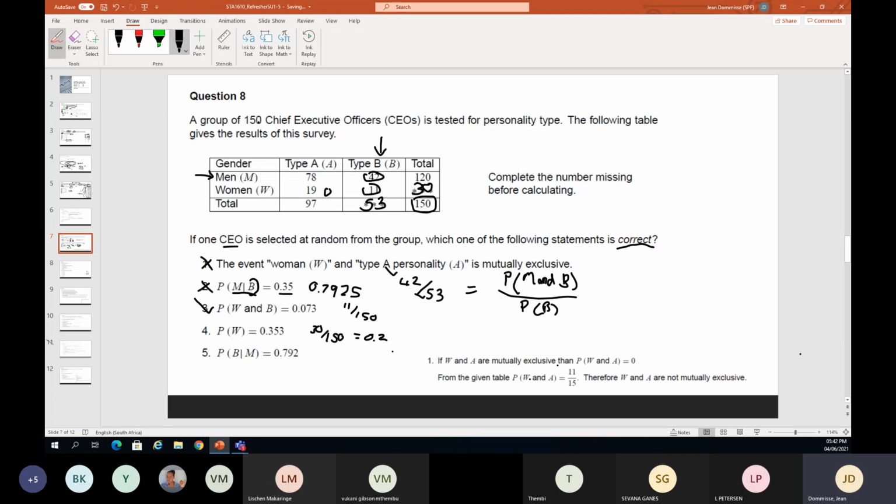Let me just check that again. Yes. So that one would have been wrong as well. Okay, this now is interesting. So probability of B given M, so nearly that swapped around.